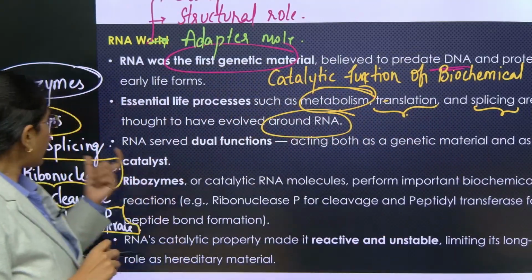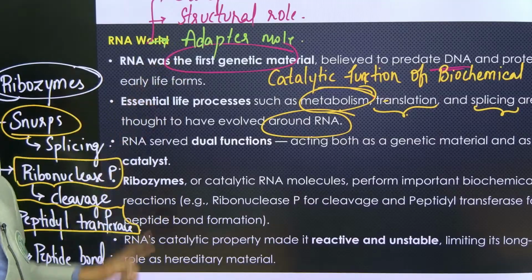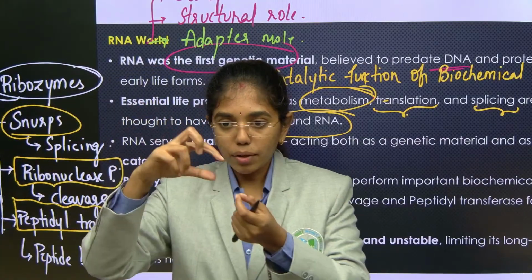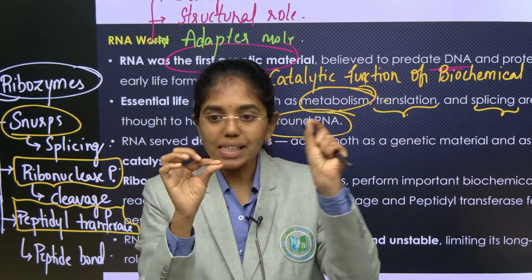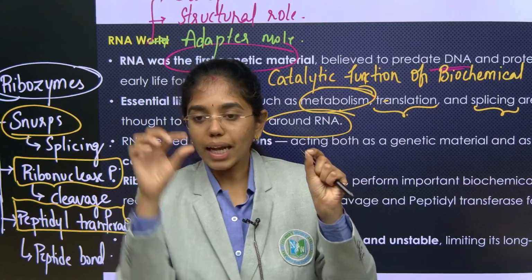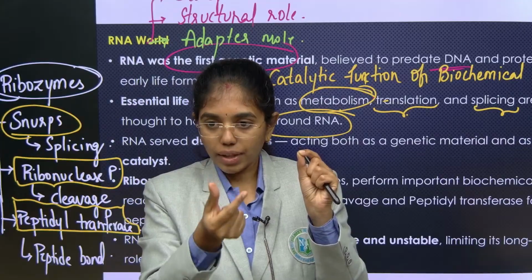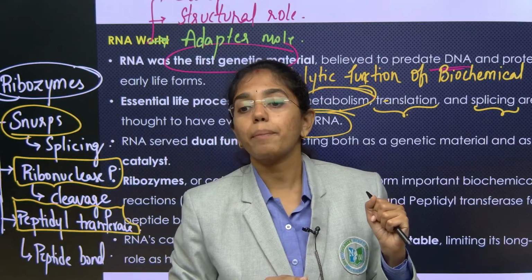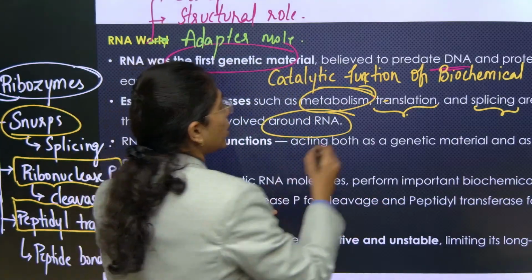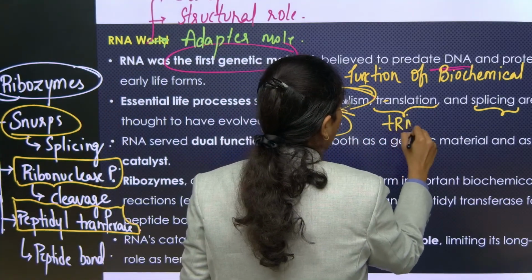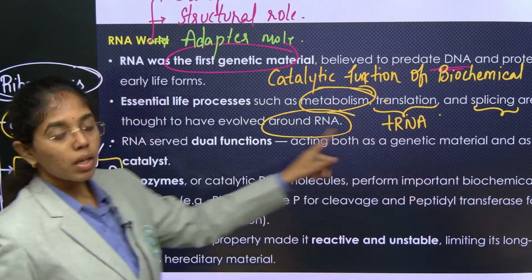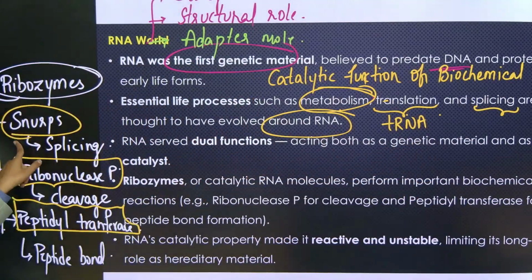Next is translation. I told you that RNA also acts as an adapter molecule. tRNA is an adapter, right? It is adapting the codon of the mRNA and synthesizing an amino acid, so it is acting like an adapter molecule. And in splicing, SNRPs are helpful.